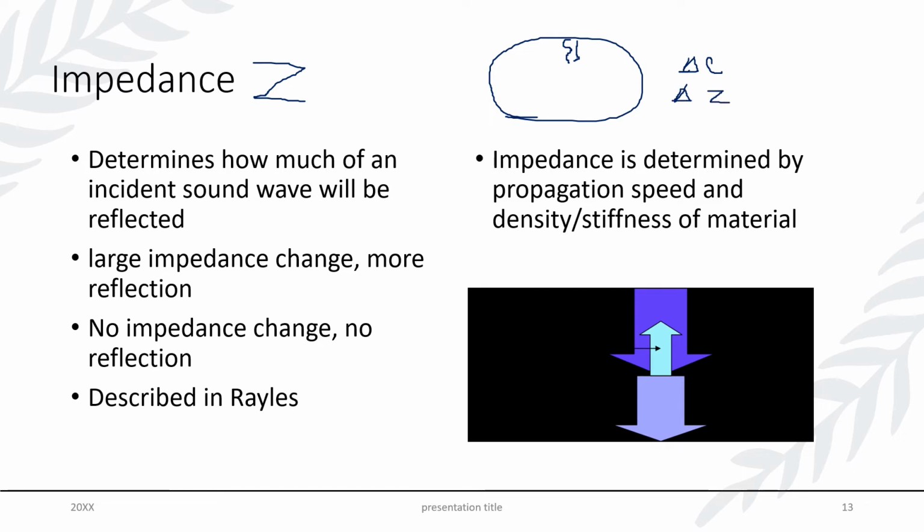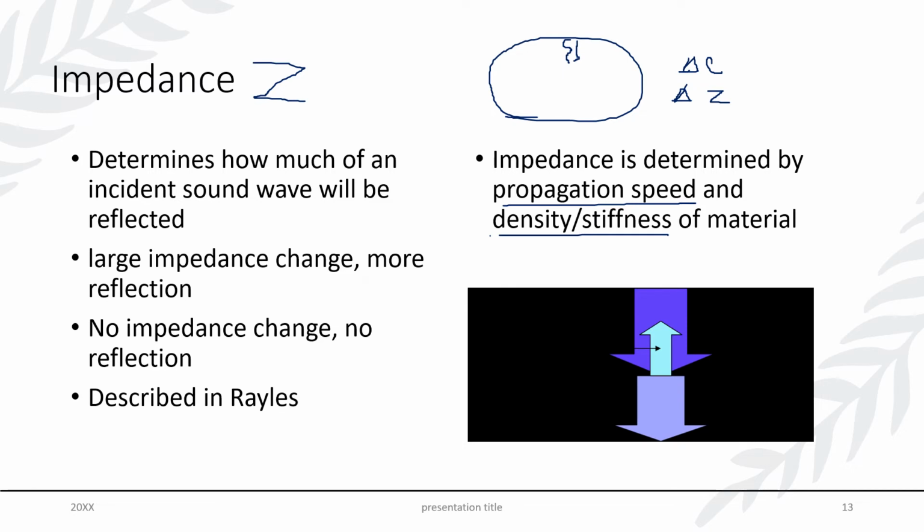So impedance really takes into account a number of different things. One of the things it considers is propagation speed, like we talked about, and secondarily, it considers density and stiffness. Now, if we look back at what affects propagation speed, we know that density and stiffness affect propagation speed. Therefore, this is all really kind of one reaction.